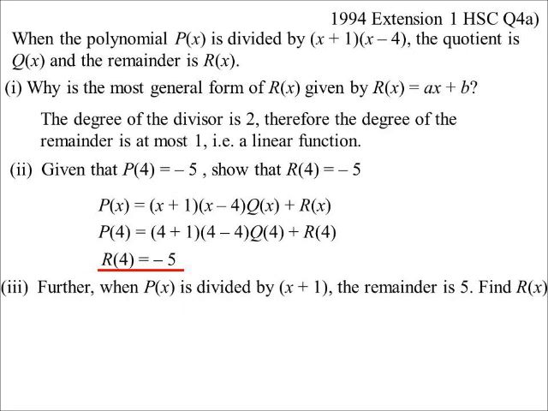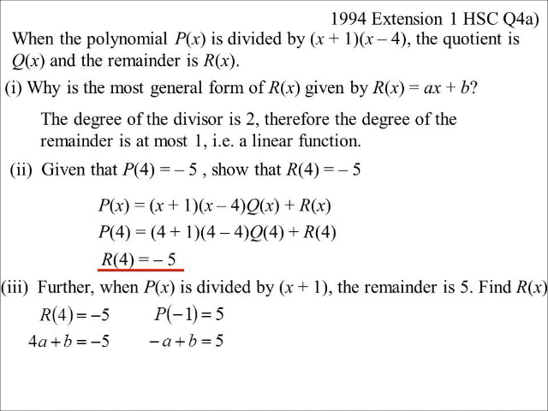Find that actual function, rx, ax plus b. Okay, well I now know remainder 4 is negative 5. I know that. So 4a plus b is negative 5. Okay. They've now told me that when I divide by x plus 1, I get positive 5. Minus a plus b is 5.